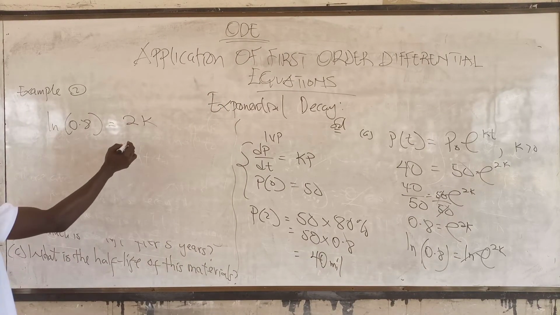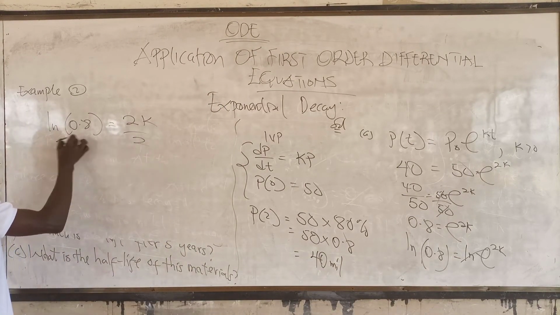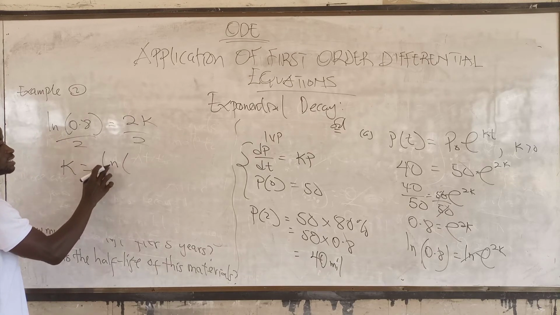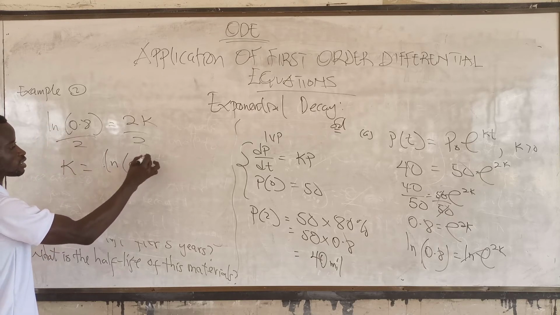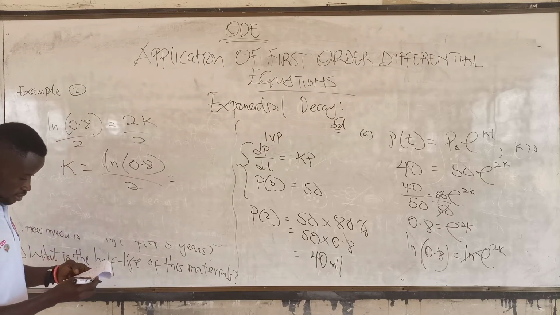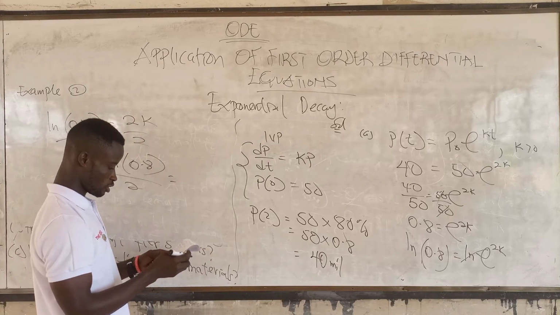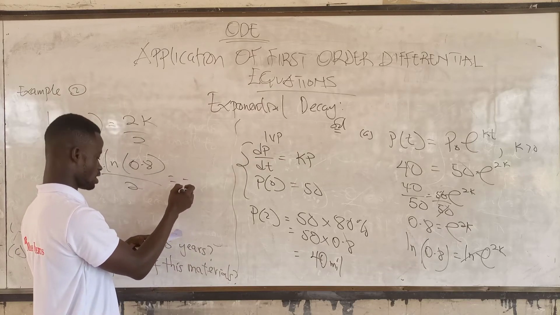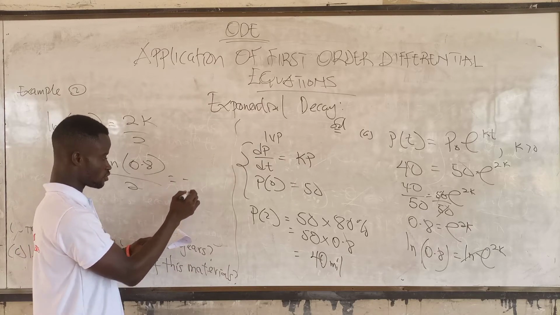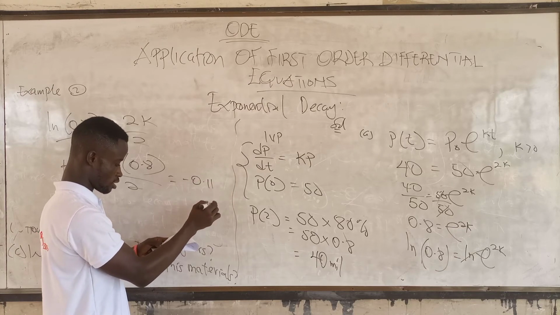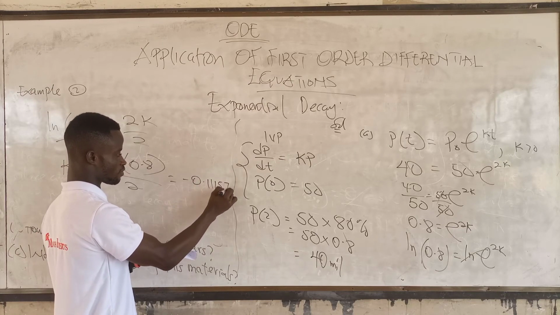So what will you do to get k? Divide both sides by 2. So you get k to be equal to ln 0.8 over 2. And this is going to give you the constant of proportionality, and that's going to be negative 0.11157.